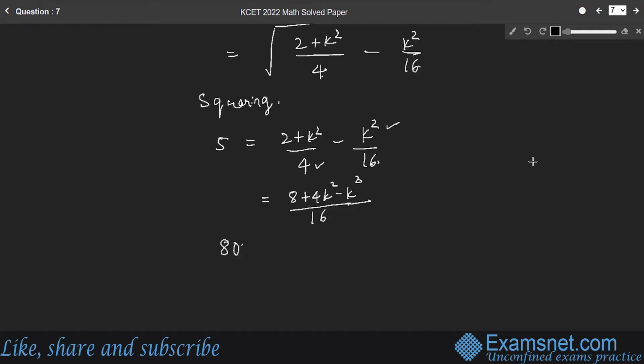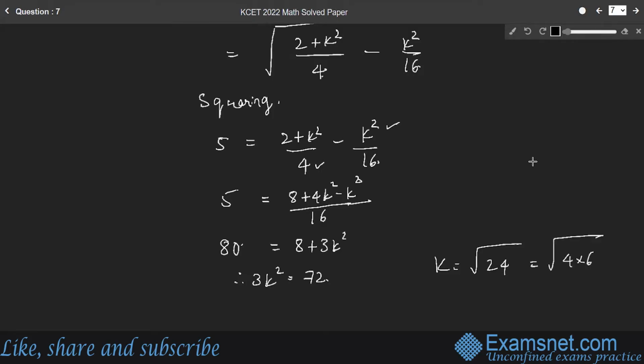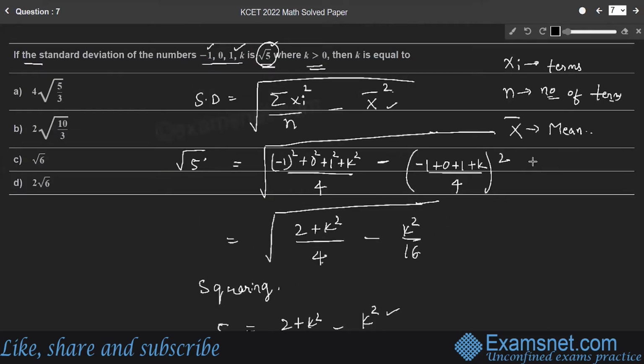So 16 into 5, 80 is equal to 8 plus 3k square. Therefore, 3k square is 80 minus 8, 72. Therefore, k square is 72 by 3, which is 24. So k is the square root of 24, which is the root of 4 into 6. Root of 4 is 2, so the value of k is 2 root 6. So option D is the right answer.